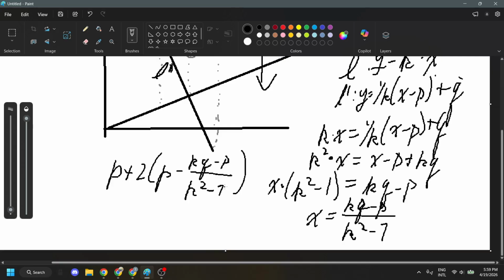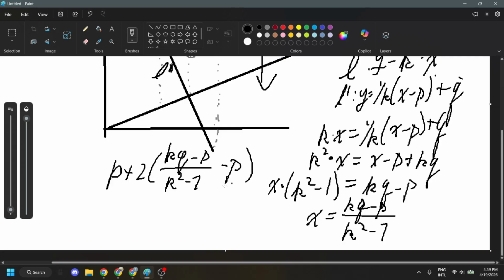Think about it, if you were to raise the point, yeah, it would, never mind. No, it's going to be that thing minus p, because it's further. kq minus p over k squared minus 1 minus p.